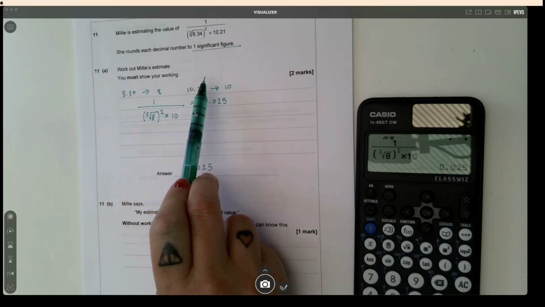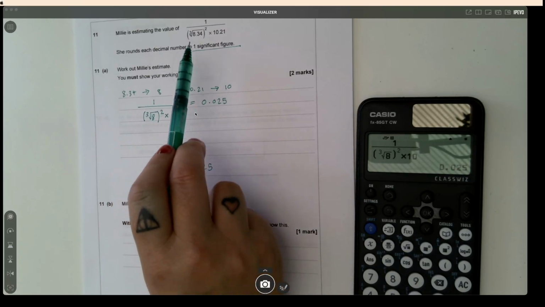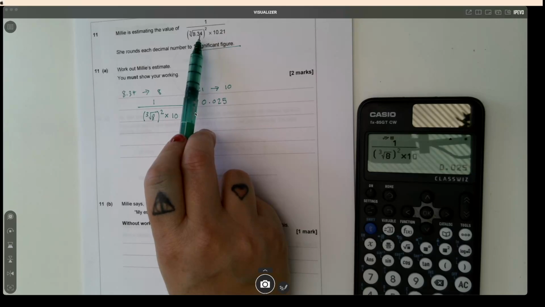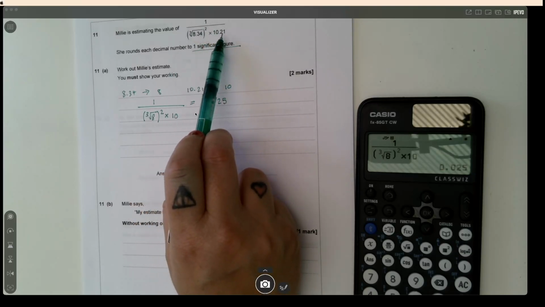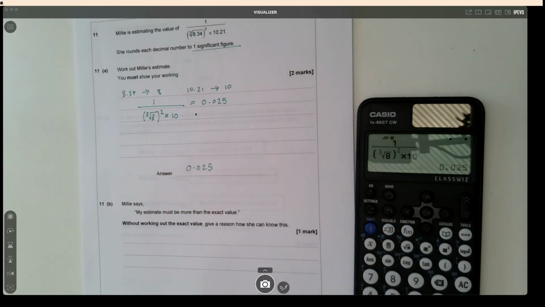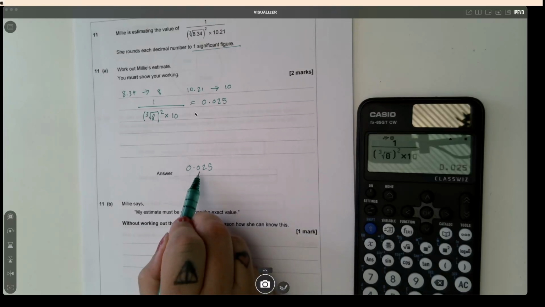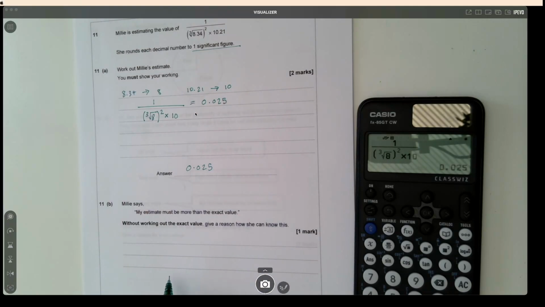So we've rounded them to smaller values, so we're going to end up dividing by a smaller value. But if we were working it out exactly, the value that we're dividing by is going to be bigger, so the answer would be smaller, which is why this answer is more than what the exact value would be.